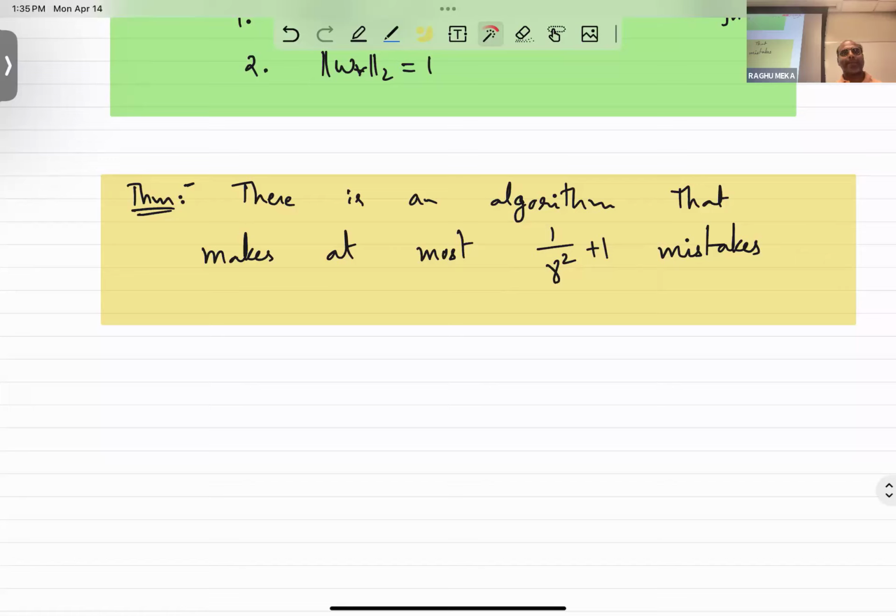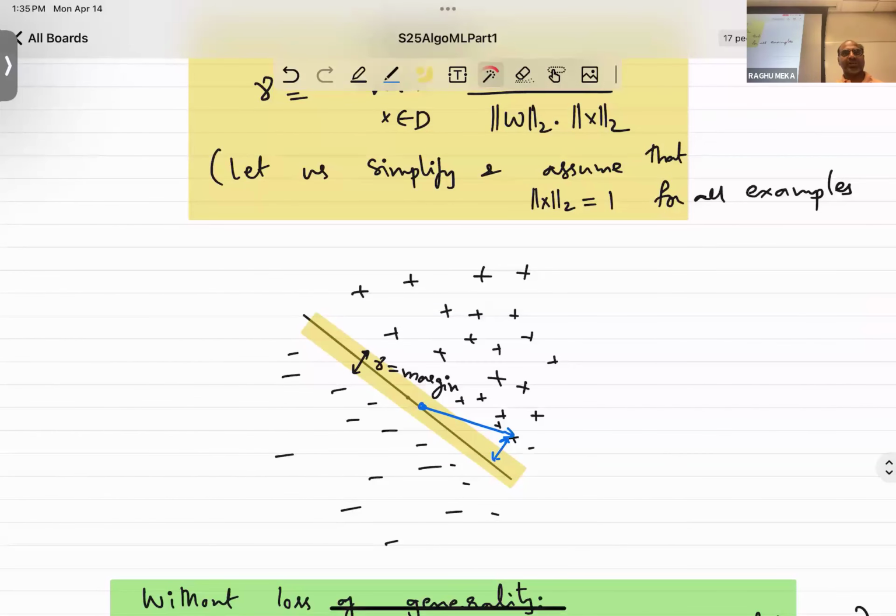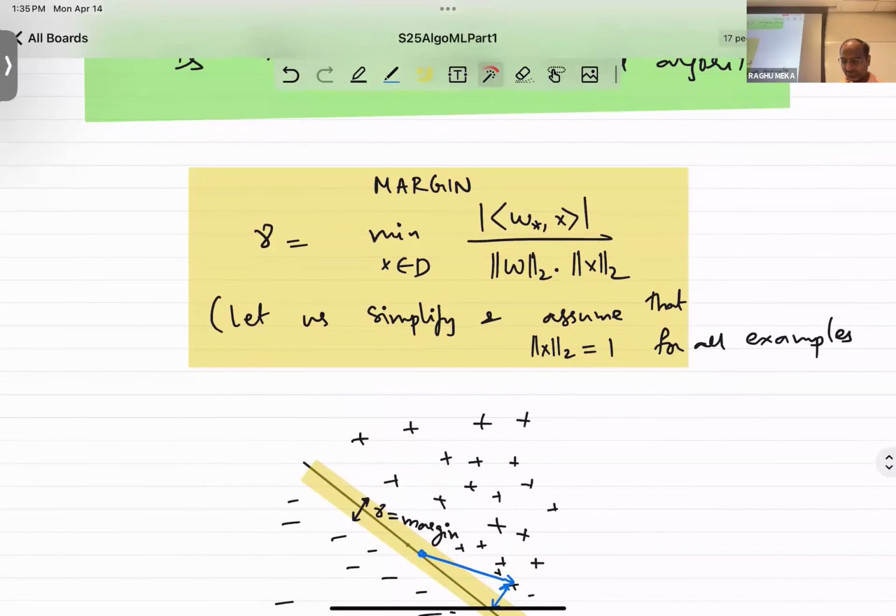Yeah? This margin is defined on the data. Yeah, on the data set, or you can think of it as a promise version, that there is some true W star which has a margin. But I see the margin here has both W. Oh, yeah, this should be W star. Yeah, so basically it's saying as long as there exists one separator which has margin, the guarantee applies.